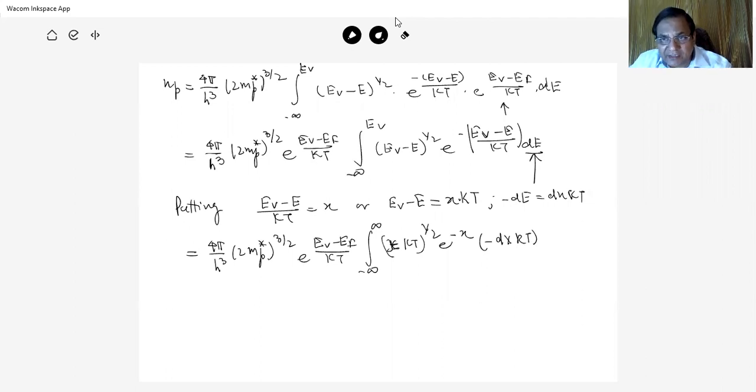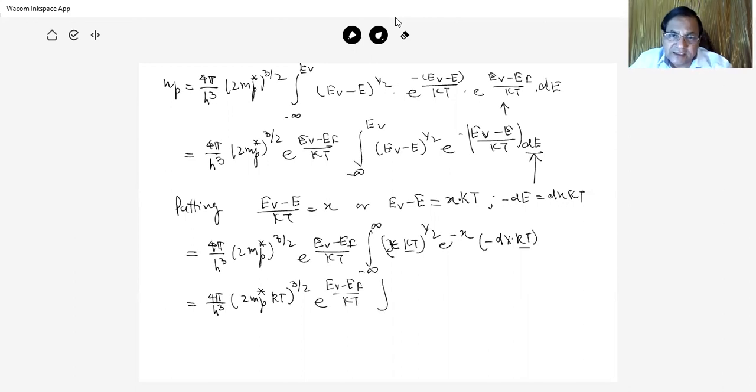So what we find, this KT and here it is KT, this is 1 and this is power half, so we can take it common: 4 pi upon h cube, 2 MP star KT to the power 3 by 2, and e raised to the power (EV minus EF) upon KT.